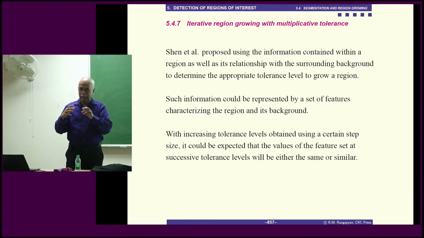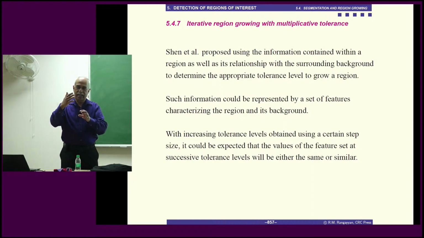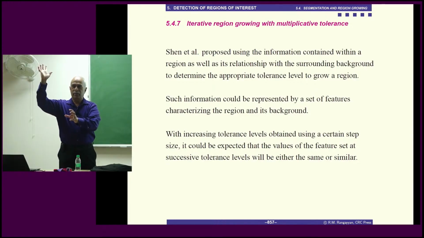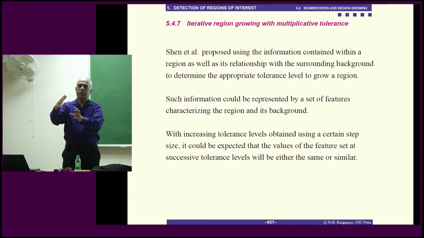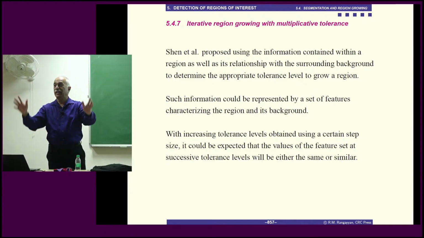Our idea was that as this region grows larger and larger with more tolerance, there is a stage where the change from one level to another will become small, and then suddenly when the tolerance is too big, the region becomes excessive. It just, we say, explodes to something very large.